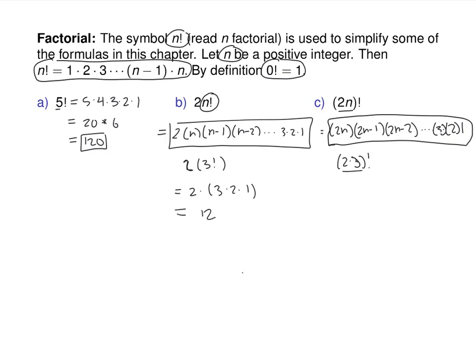Here, 2 times 3 first makes 6 factorial, and 6 factorial would be 6 times 5 times 4 times 3 times 2 times 1. We figured out that 5 factorial is 120, so we really have 6 times 120 here, which is, holy moly, 720. So much, much, much larger. Those parentheses really do matter.